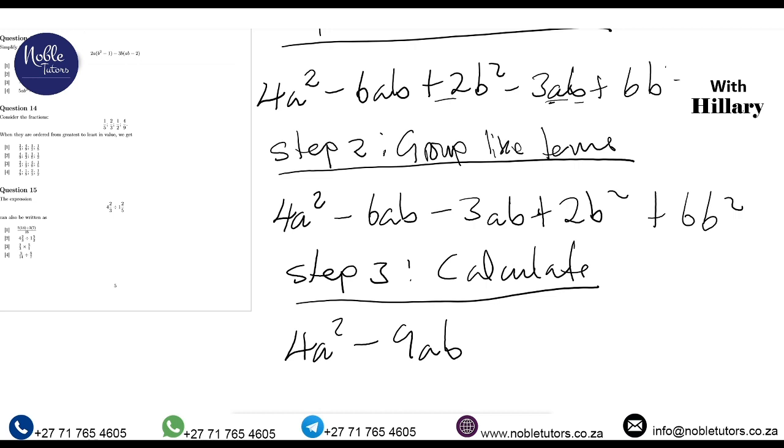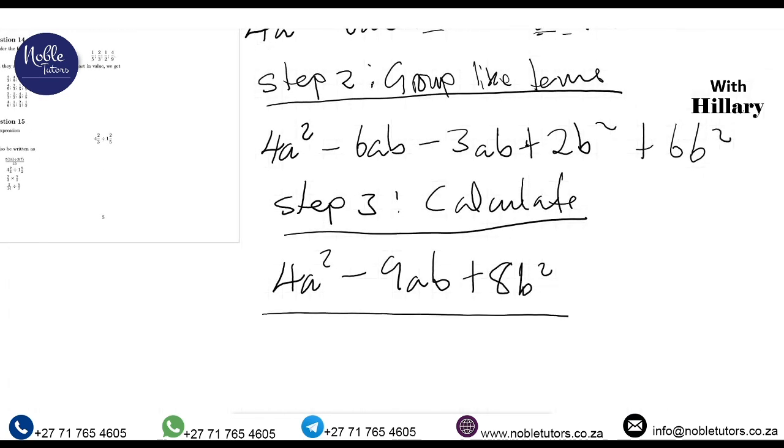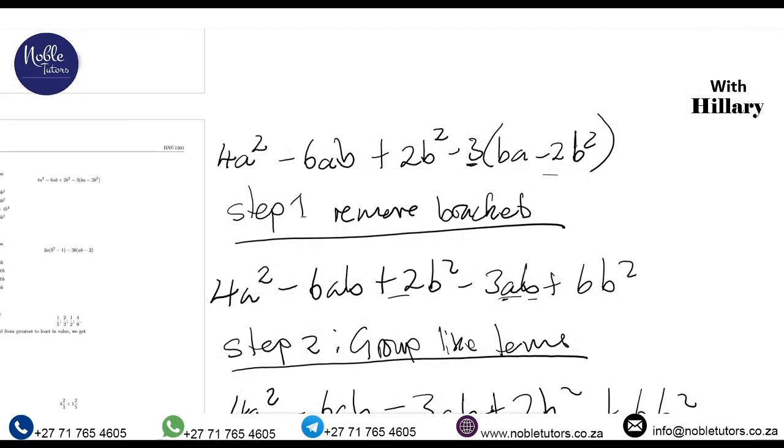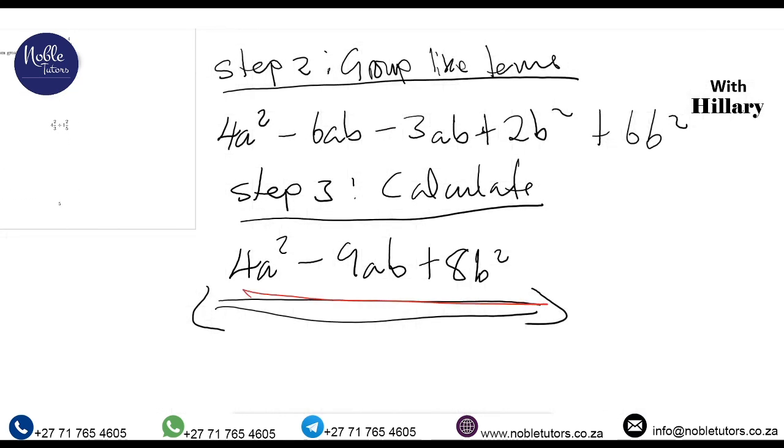Then plus 2b squared plus 6b squared gives us plus 8b squared. That is all we can do by simplifying. When you are simplifying, we are just saying rewrite this expression to its simplest form, which is this. It still means the same thing, but in a simplified version.